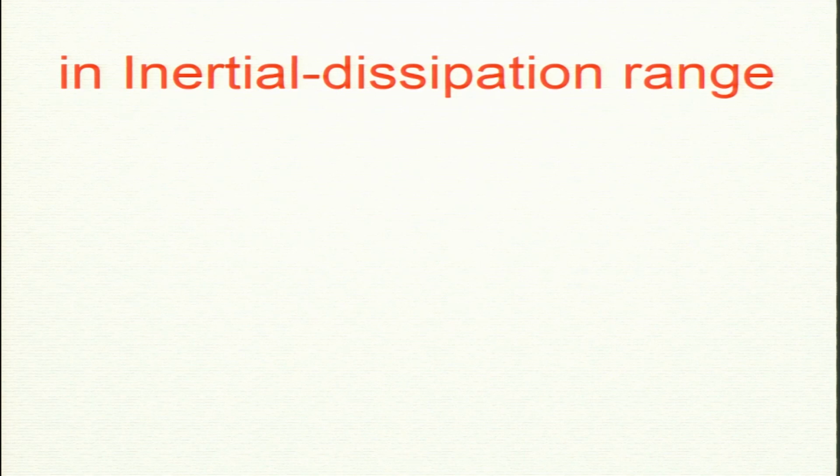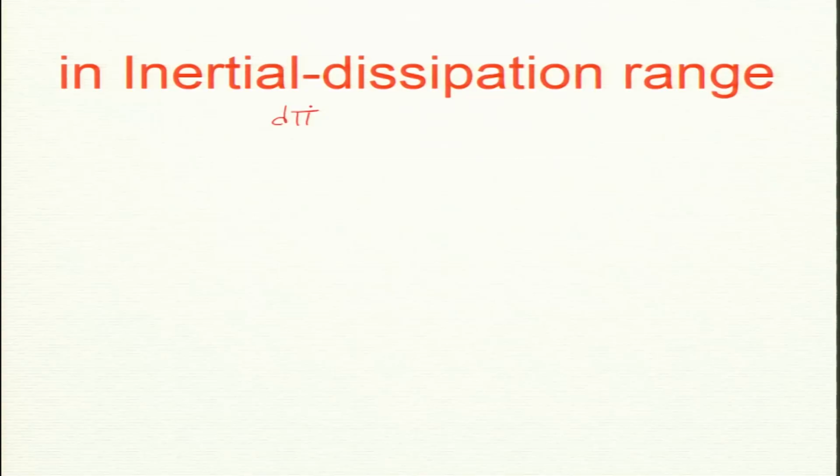So, now let us try to generalize it to the inertial and dissipation range. So, what will I do? I will just give you the idea, and in fact it is very nice. We can derive the formula and it fits with simulation data very well. So, we again use this Pao formula. I have been pushing this Pao formula very much of late. d pi Hk by dk is minus 2 nu k squared Hk of k.